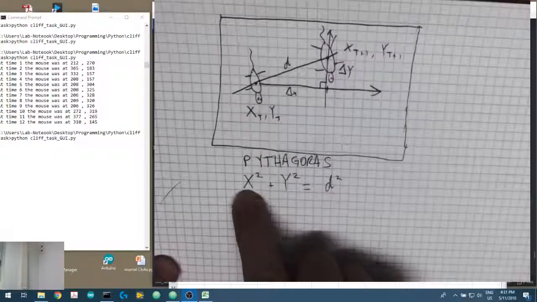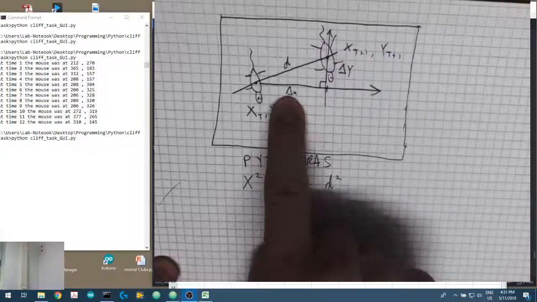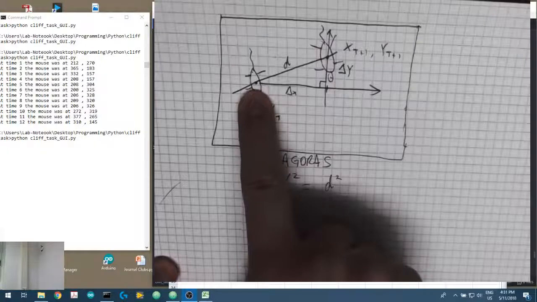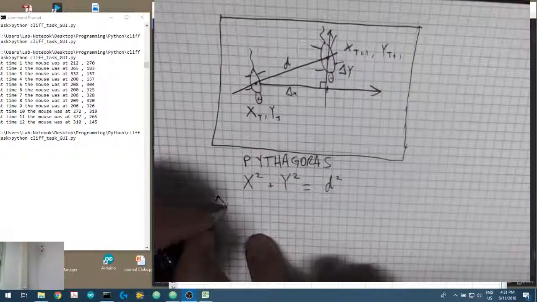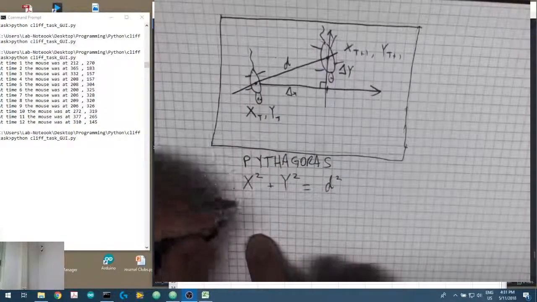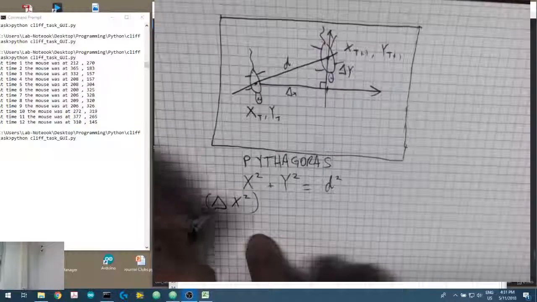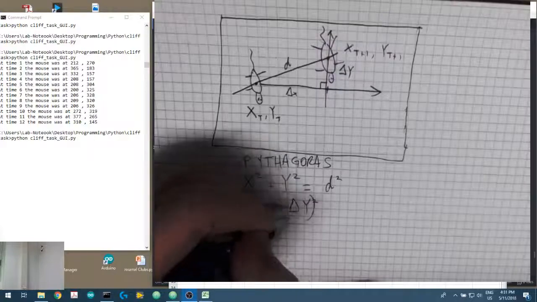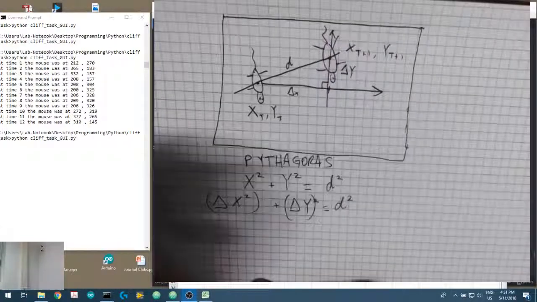We're expressing our x in terms of a change in x at time t plus 1 and at time t. So what we can do is we can go change in x squared plus the change in y squared equals d squared.